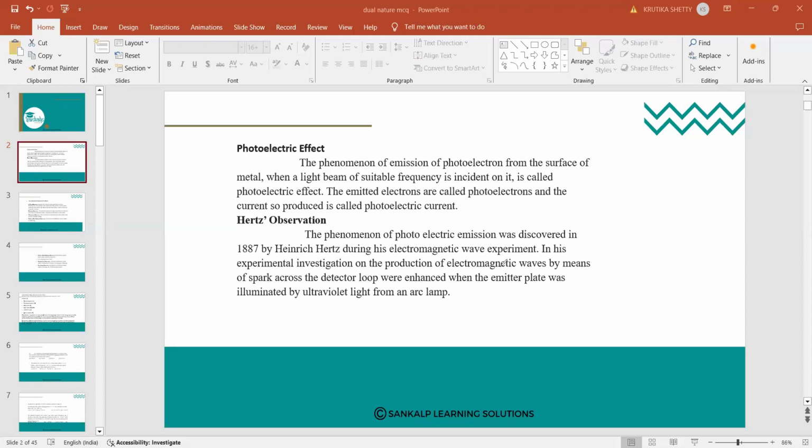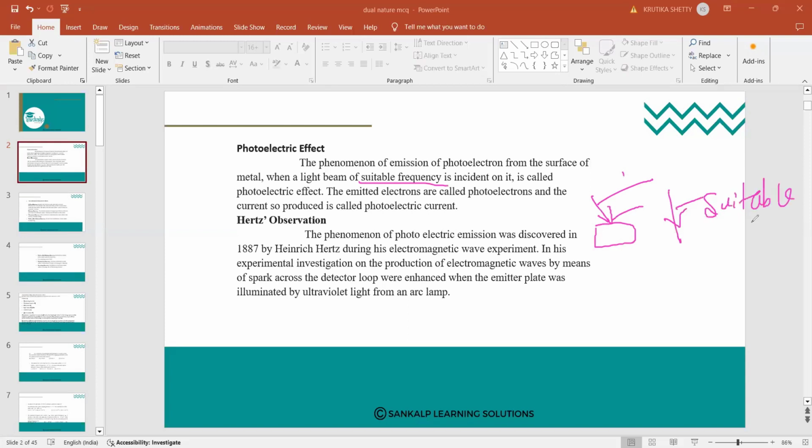Yes. So here we specified one point, students: the light should be of suitable frequency. If we take a metal surface and just expose it to sun radiation, it is not that the electrons will come out of the surface. So the light falling should have some suitable frequency.